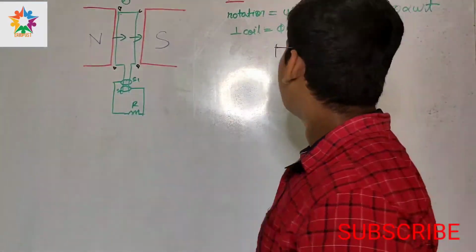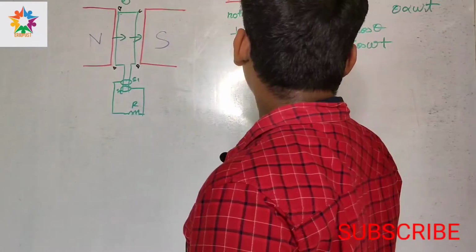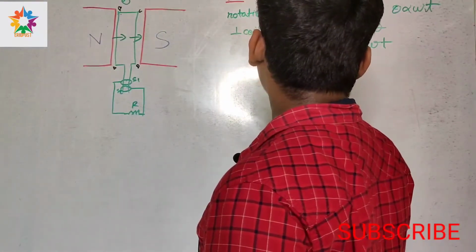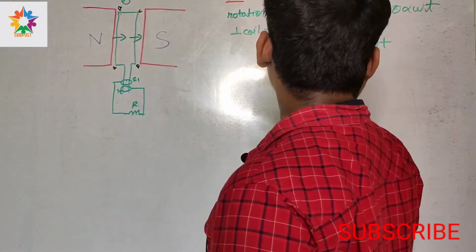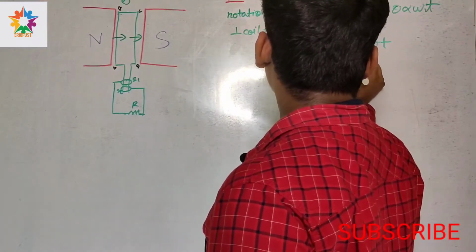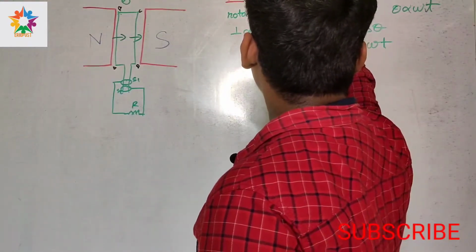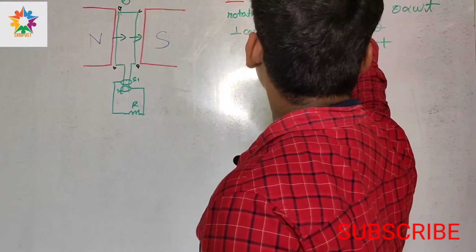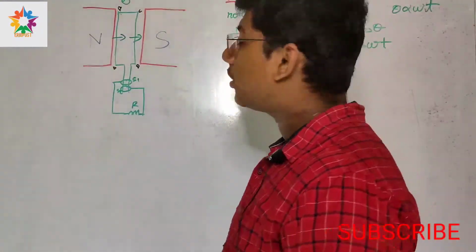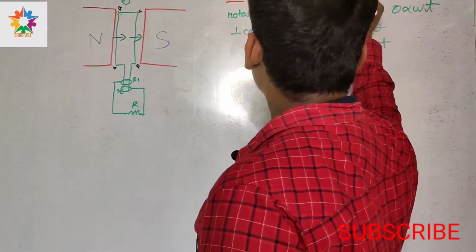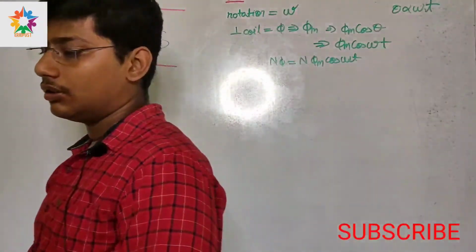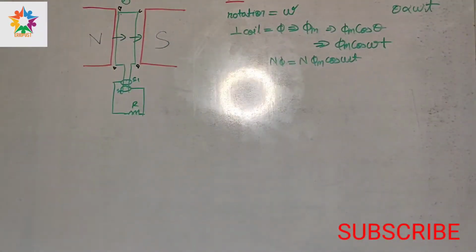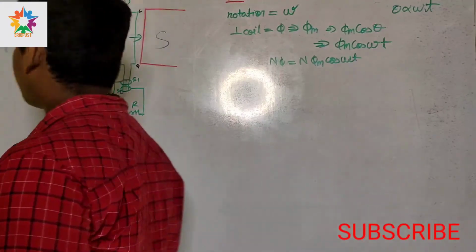Again, I can write that n phi is equal to n phi m cos omega t. For your knowledge, I am writing phi is equal to B dot A, B cross A I mean. Now we are in a position to derive a formula for this.